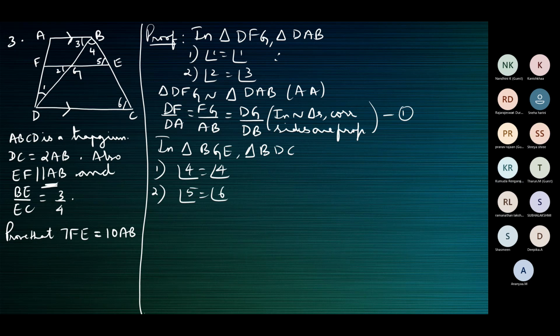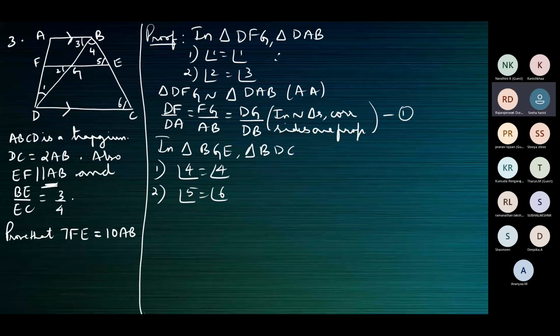Corresponding angles. But FE is not parallel to DC, no? It's not given that FE is parallel to DC. Corresponding angles are formed only when you have parallel lines intersected by a transversal.